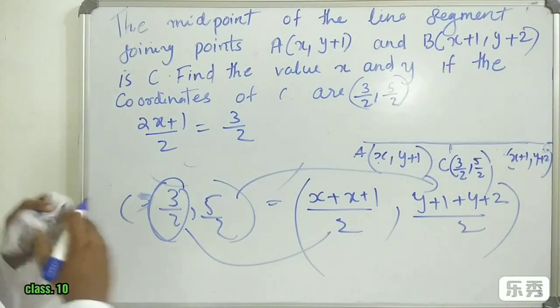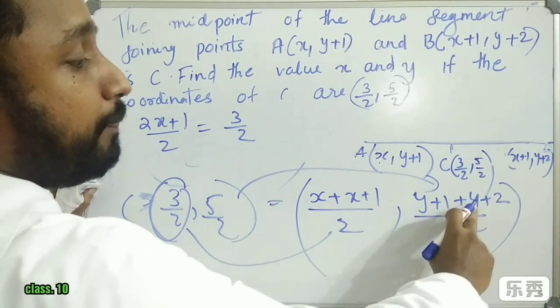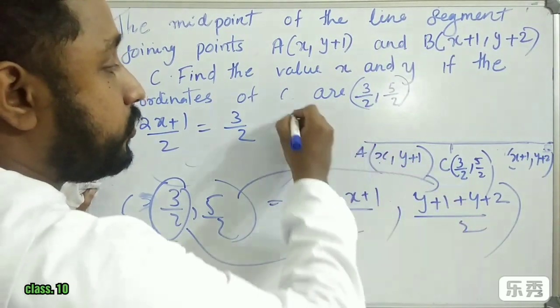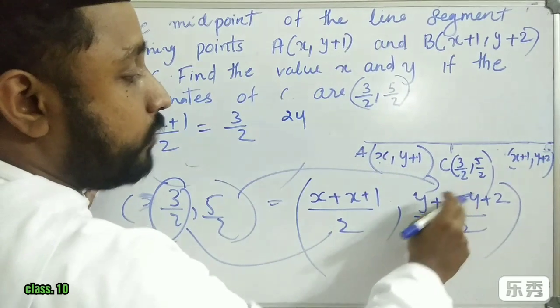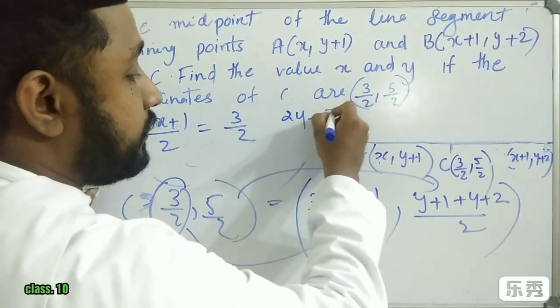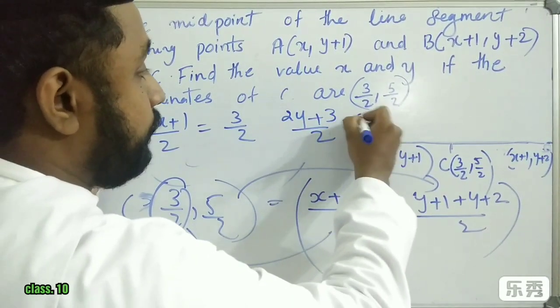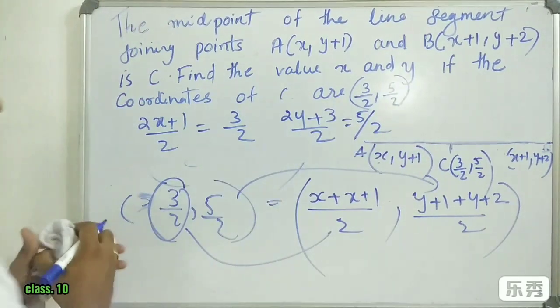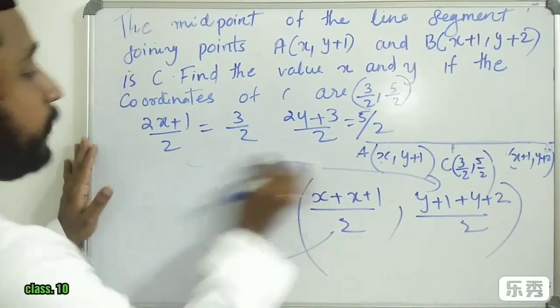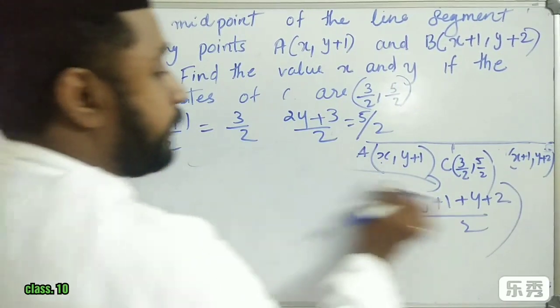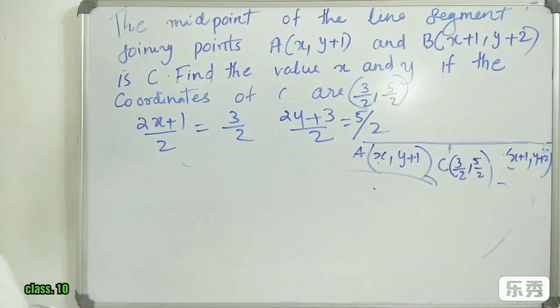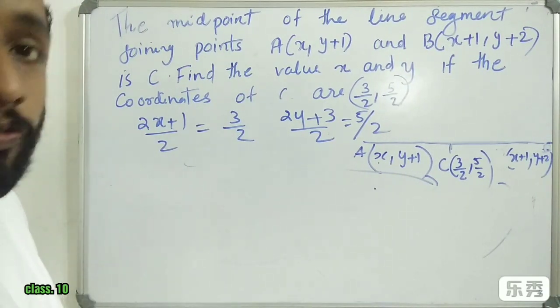And y plus 1 plus y plus 2, that is y plus y, 2y, 1 plus 2, 3, so 2y plus 3 by 2 is equal to 5 by 2. So we have 2x plus 1 by 2 is equal to 3 by 2 and 2y plus 3 by 2 is equal to 5 by 2.